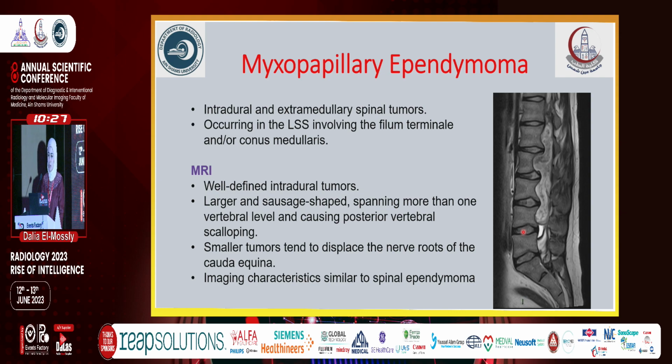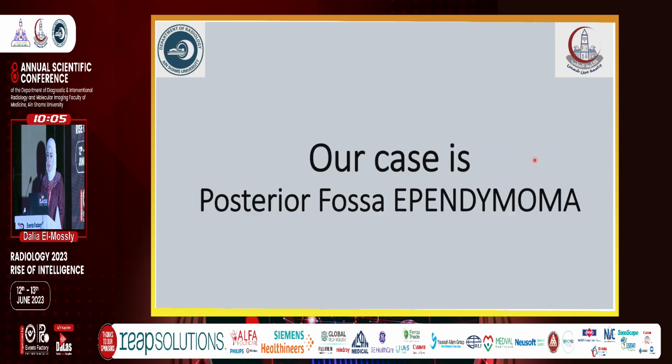While myxopapillary ependymoma occurs within the lumbosacral spine involving filum terminale or conus medullaris. It appears well-defined, large, sausage-shaped, causing posterior vertebral scalloping, as we see here, while small tumors tend to displace nerve roots of cauda equina.